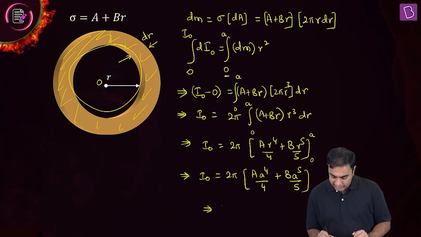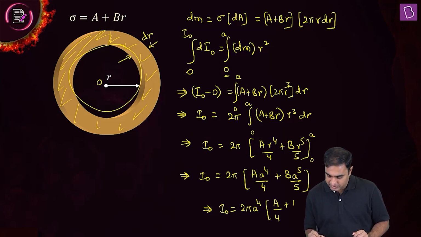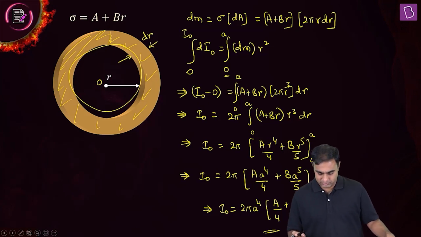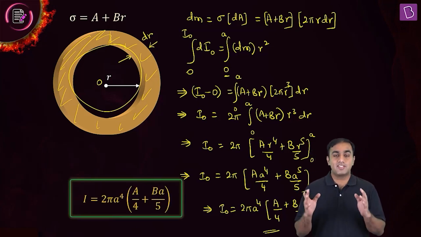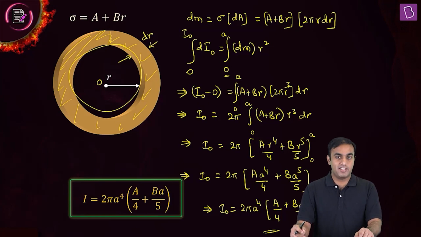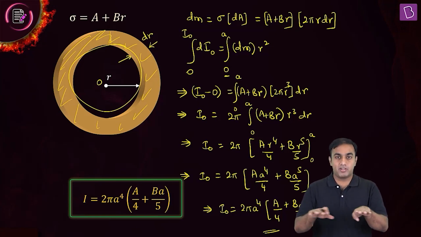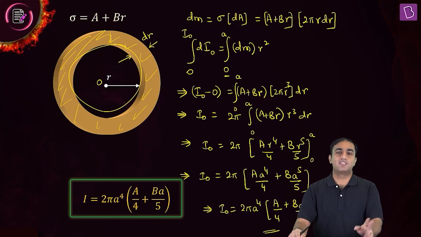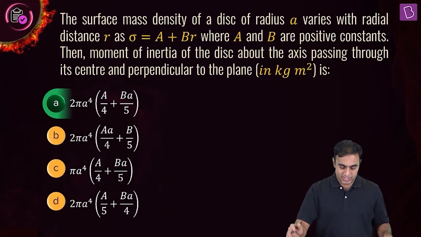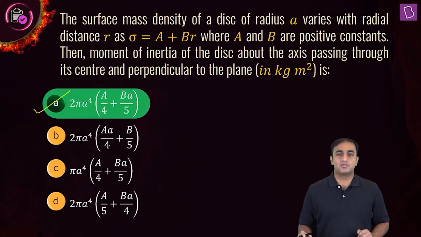You can further take small a to the power 4 outside, and what is left here is capital A by 4 plus Ba by 5. So, this is the moment of inertia required for the thin disk about the axis passing through the center and perpendicular to its plane. This is your final answer. The correct option for this question is A.